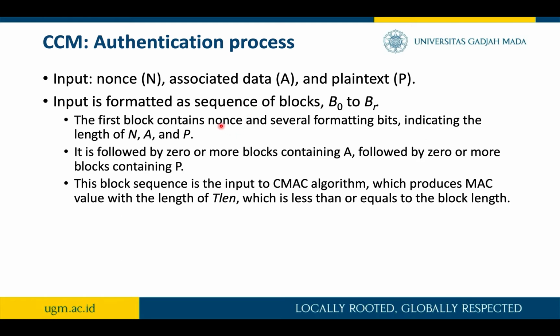The input here is formatted as a sequence of blocks from P0 to PR.